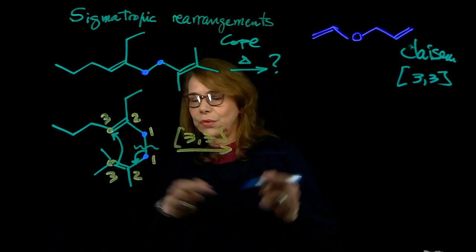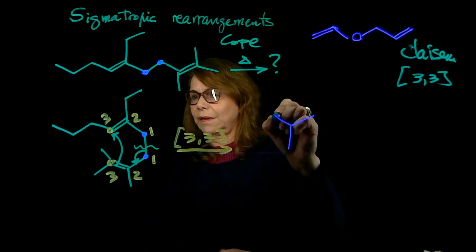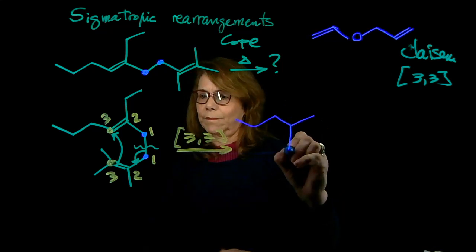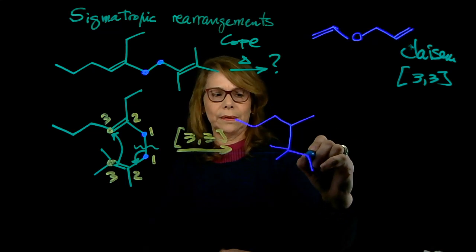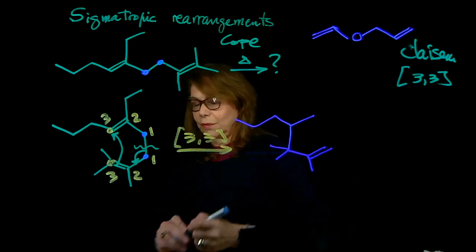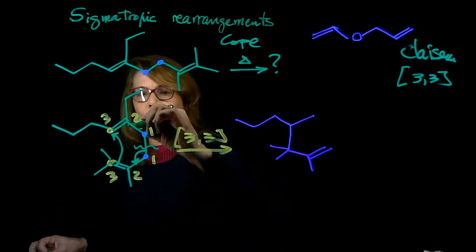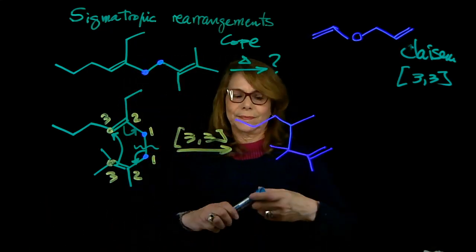I'm making a new sigma bond here. And now this has methyl, methyl, and here I had another methyl, double bond, and oh, I forgot one arrow here, very important.